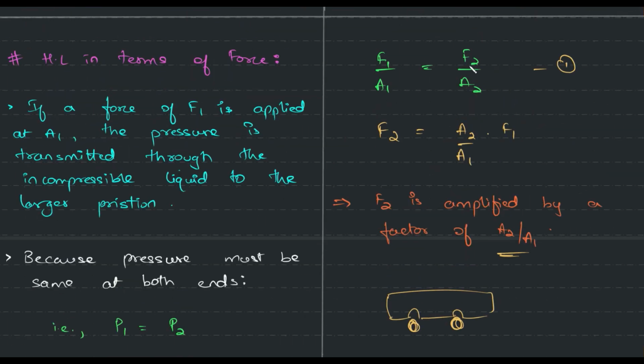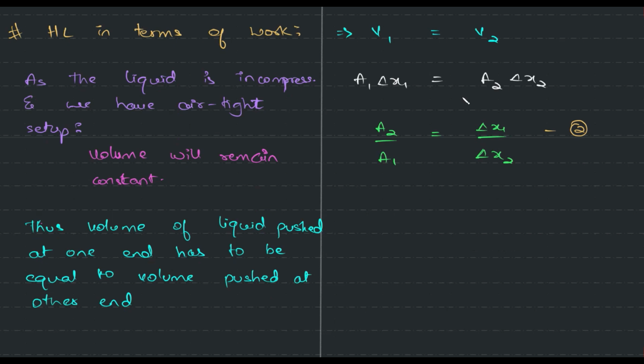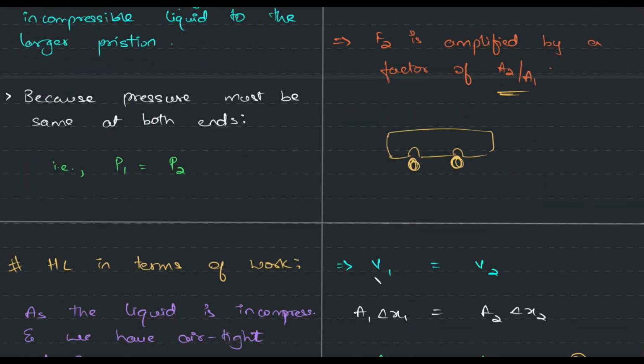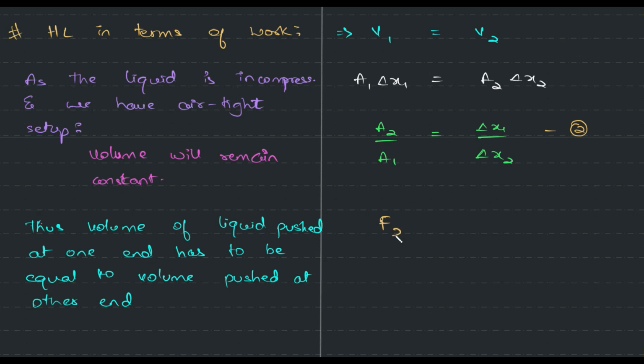A2 by A1 will be equal to F2 by F1. So, F2 by F1 will be equal to delta x1 by delta x2. This is from 1.